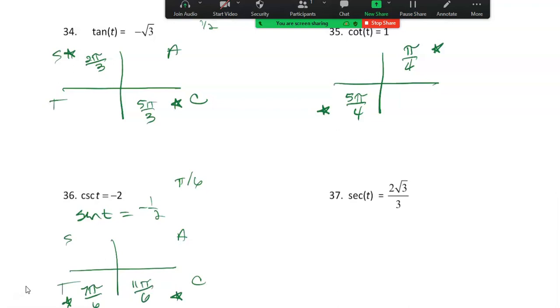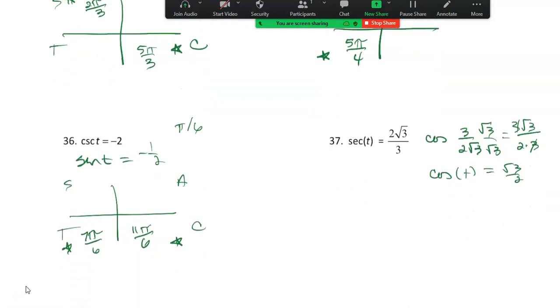Okay, last one. It's going to be a little tricky, but not bad. Okay, if secant is this, and it's positive, then cosine must be this, and needs to be rationalized. So cosine of t is going to be √3/2. Notice it's positive.